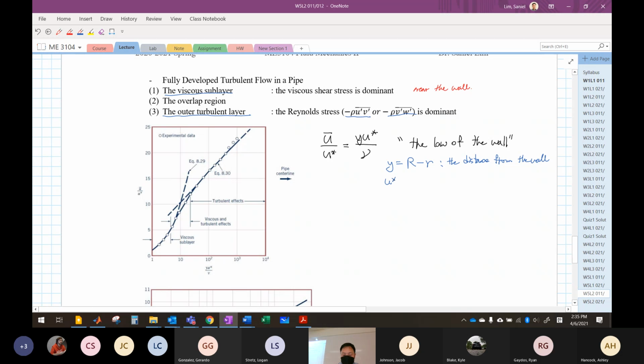Then the U star is called the friction velocity, but it's not actually a velocity. Let's write down the equation. It's defined by the square root of the wall shear stress divided by the density. So it has the unit of velocity, so they call it a velocity, but it is not an actual velocity. It is called the friction velocity.